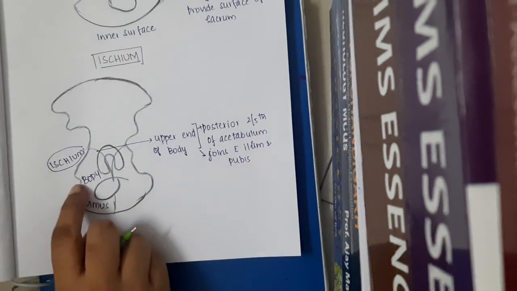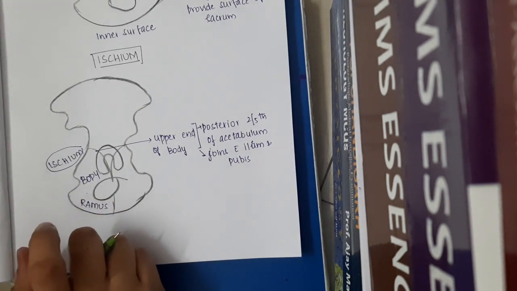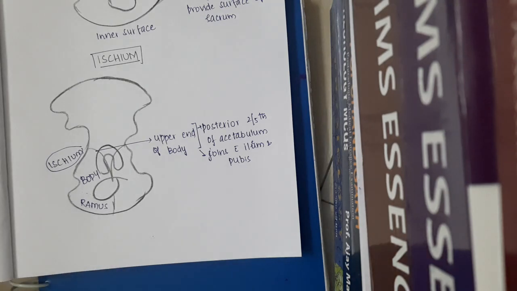Now if you see the lower end of the body of the ischium, it is here. The lower end of the body of the ischium mainly forms the ischial tuberosity.